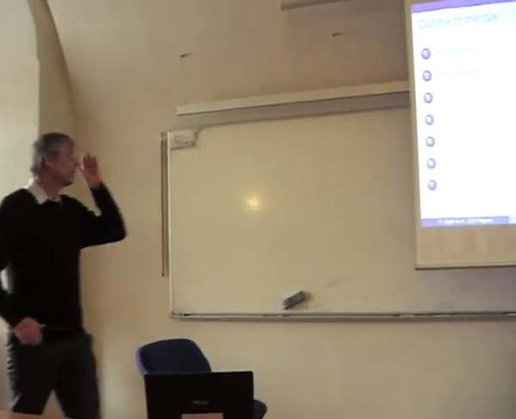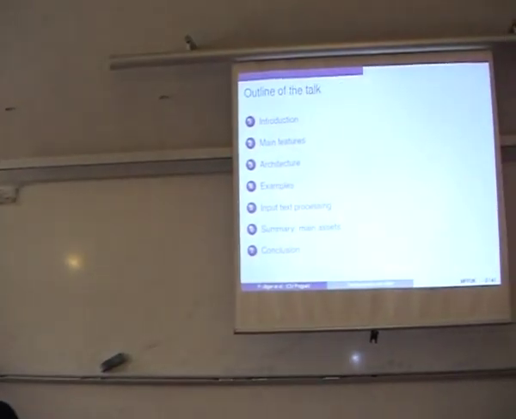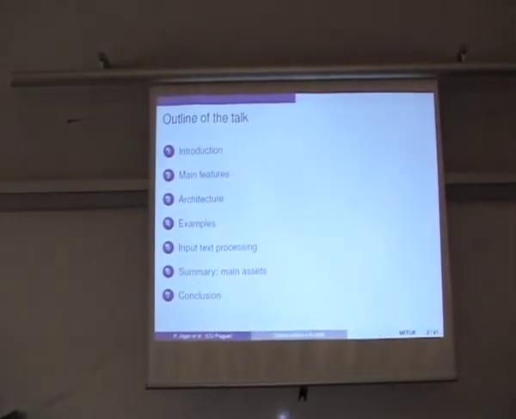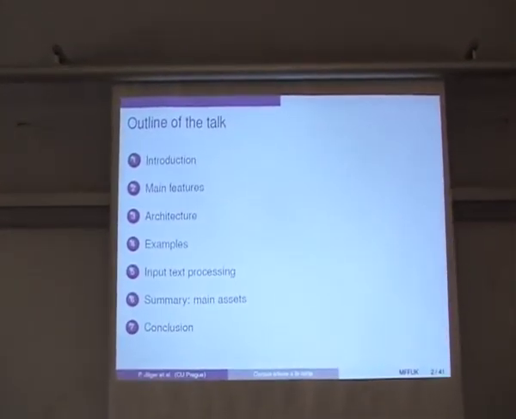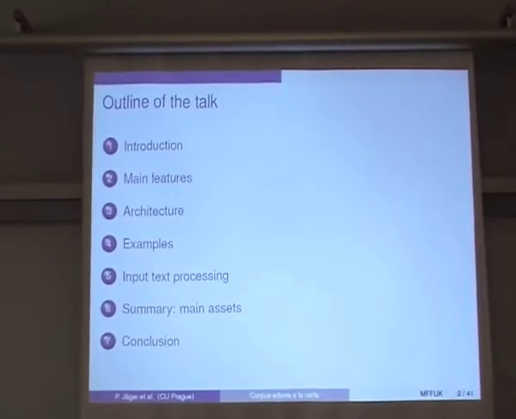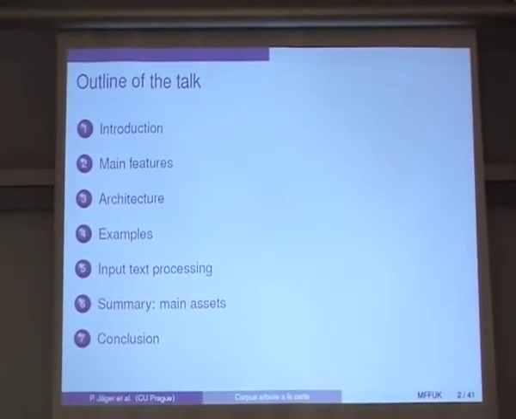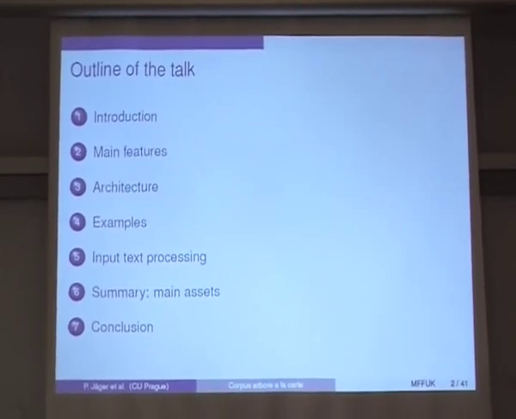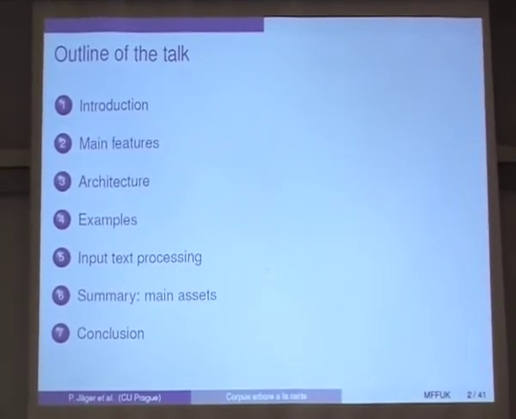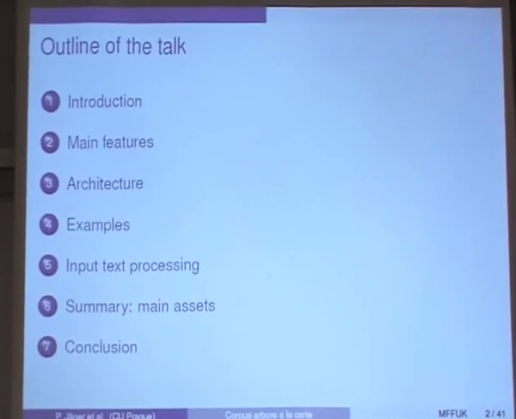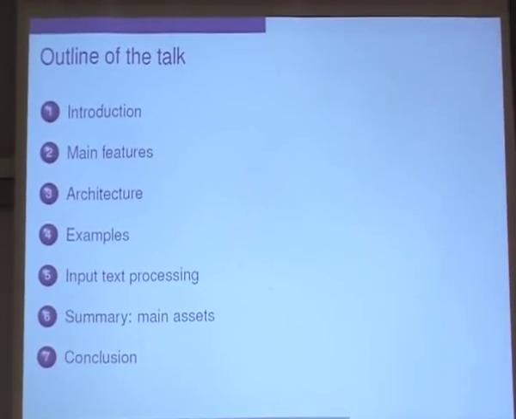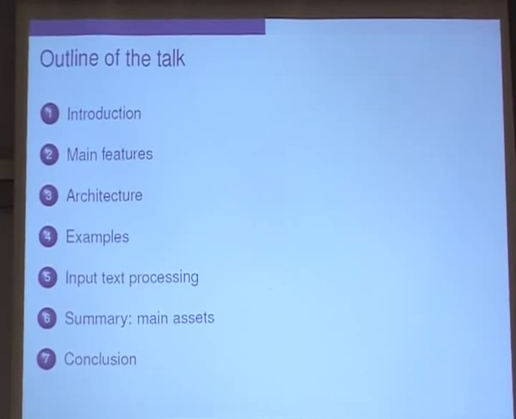So here is the outline of my talk. There are seven main parts of it. After the introduction, I'll present the main features of the project, of the whole enterprise, the inner architecture of the corpus and of its representation. This will be followed by examples, which are going to exemplify various aspects and complicated cases by sentences.